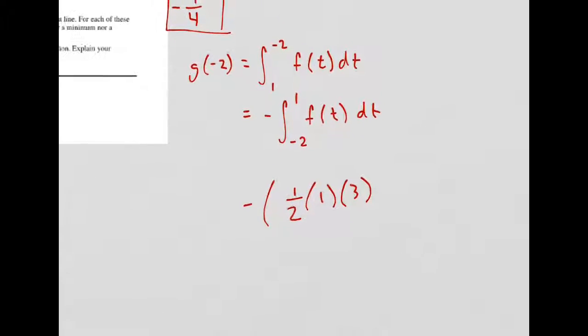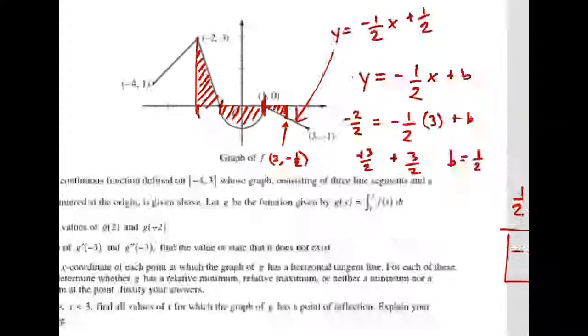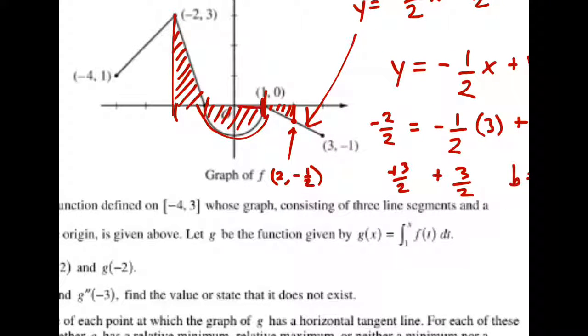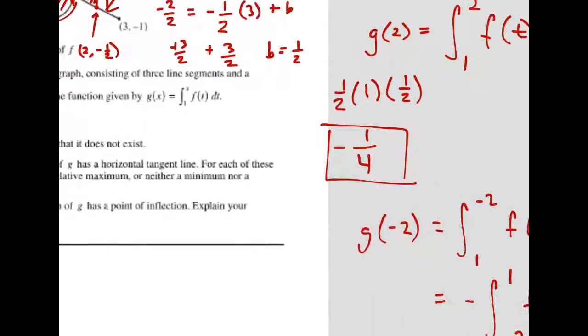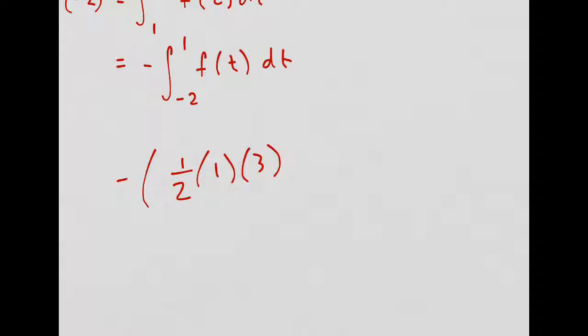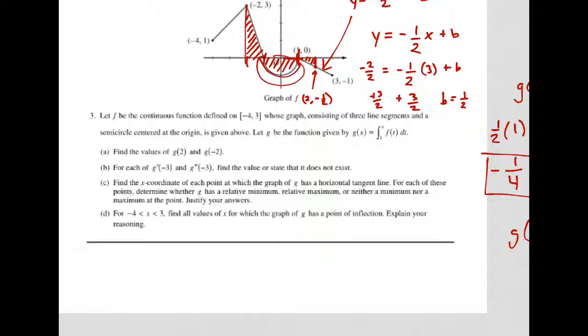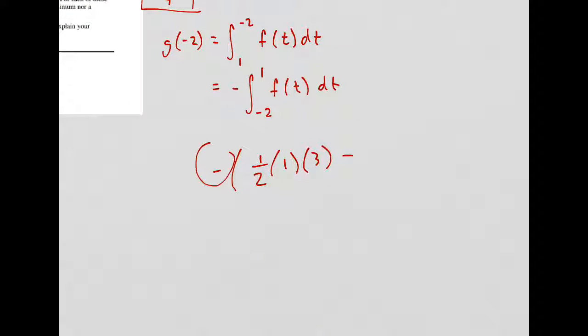And then I also need to add in the area of the semicircle. Well, that has a radius of 1, so pi r squared divided by 2, remember. But it's also negative because it's below the x-axis, so this negative will make it a positive area. That's interesting.